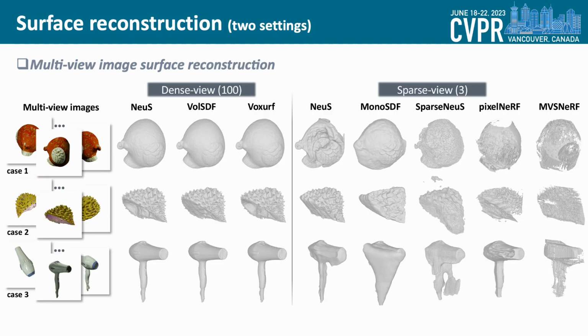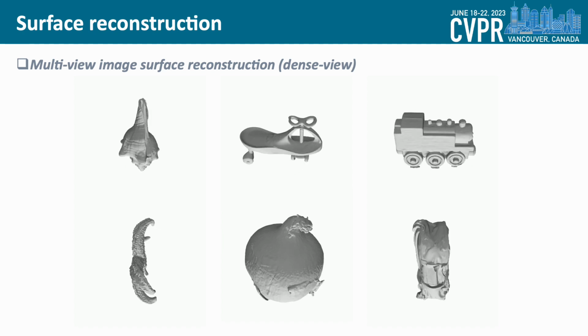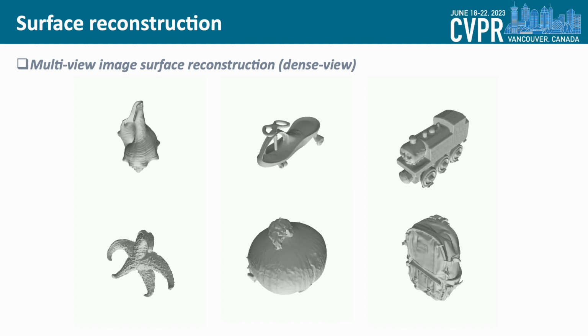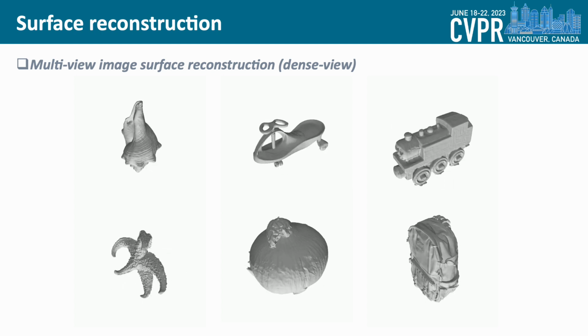In addition to novel view synthesis, a precise surface reconstruction from multi-view images can enable a wide range of applications. With the accurate 3D mesh as ground truth, OmniObject3D can facilitate the evaluation of surface reconstruction models in both dense view and sparse view settings. Here, we show some results of surface reconstruction from dense view observations in our dataset, showcasing a remarkable diversity of geometry.